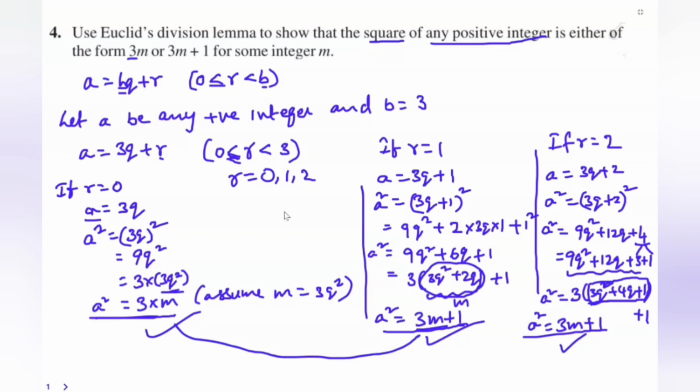Okay, let us go to question number 5 now. Use Euclid's division lemma to show that the cube of any positive integer is of the form 9m, 9m plus 1 or 9m plus 8. Understand clearly? You need to show that the cube of any positive integer is of the form 9m or 9m plus 1 or 9m plus 8.